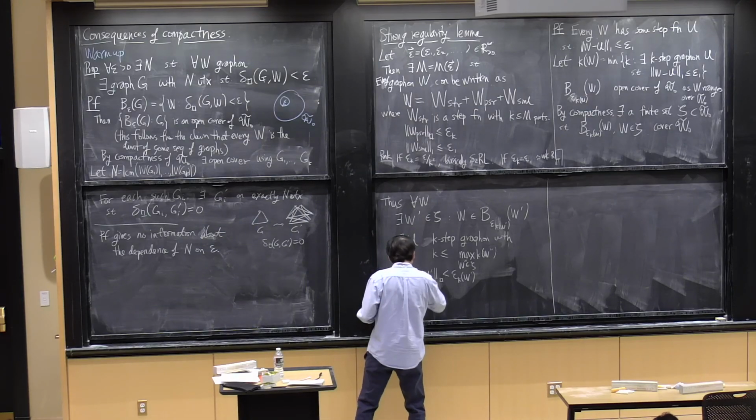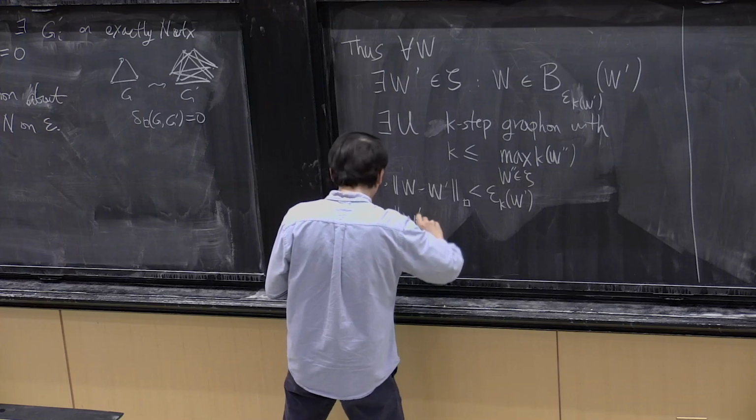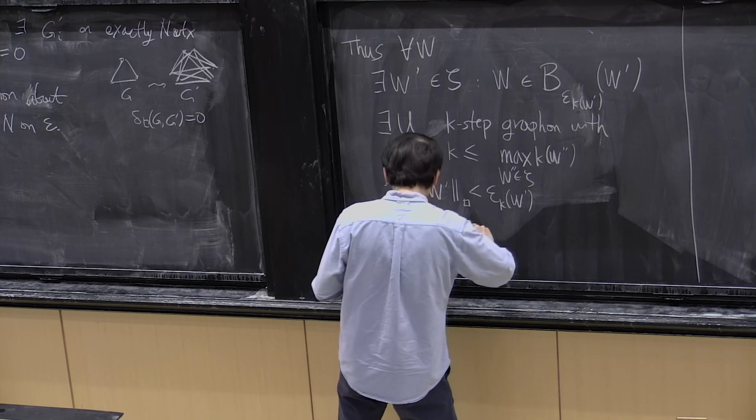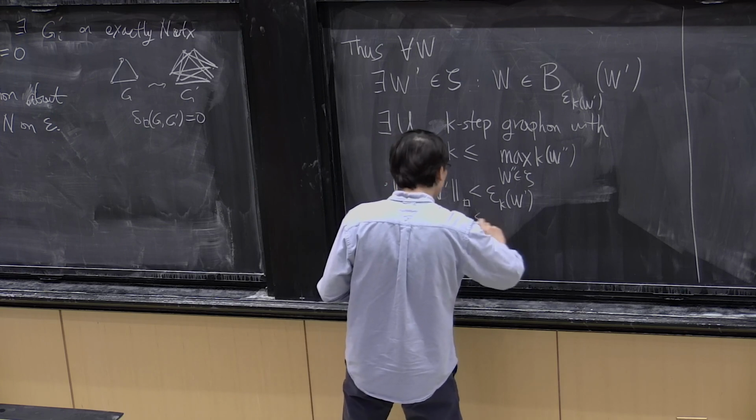And furthermore, W prime is close to a graphon with a small number of steps.